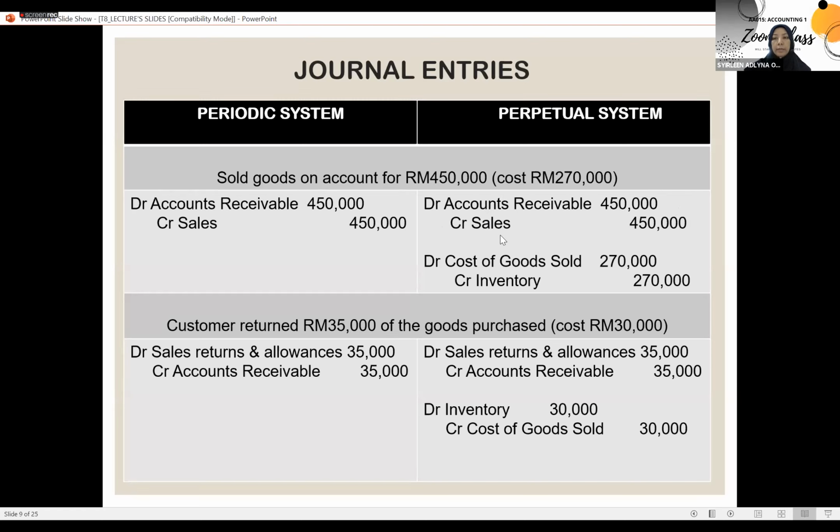and we will credit sales. Okay, yang itu mencatat harga jualan, sales amount, using your sales price.